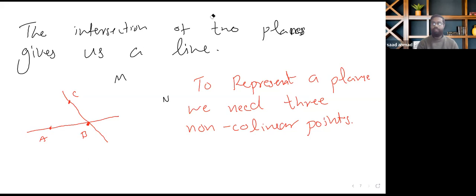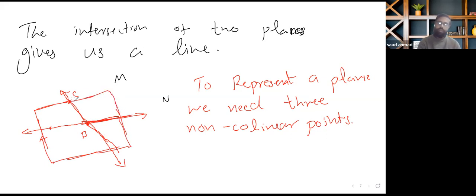If you have heard the word XY plane, one line is the x-axis and the other line is the y-axis. That's a plane, right? It makes a sheet. So we use 3 points A, B, C to represent a plane.